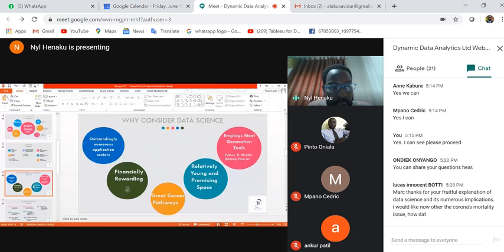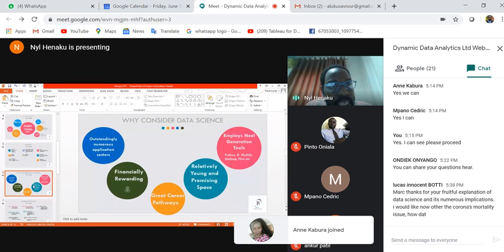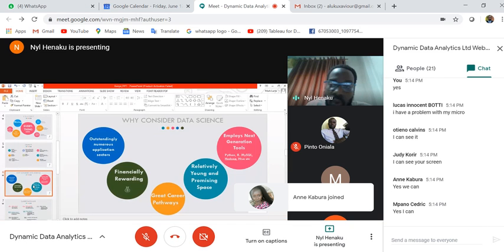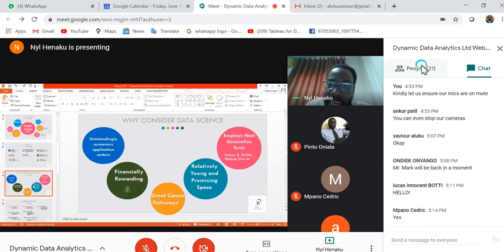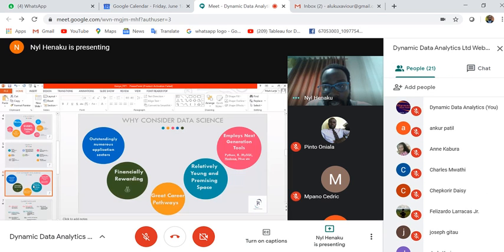When you go to the health industry, people don't know what you can do with data. When you go to aviation, people don't know what you can do with data. When you go to agriculture, that's another space with lots of information. Those in agriculture insurance will tell you they are constantly collecting data, but they don't know what to do with it. So it's a very promising area for us in Africa.